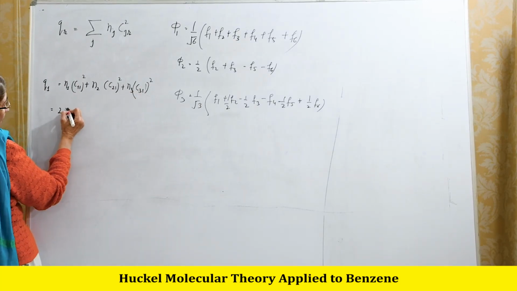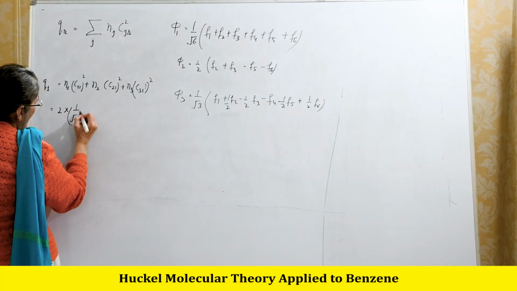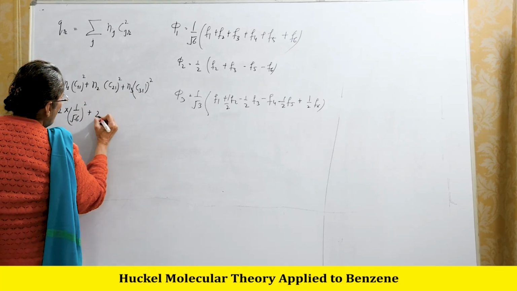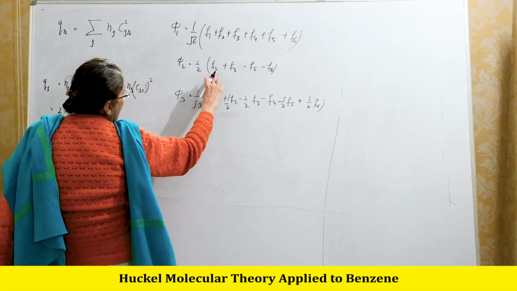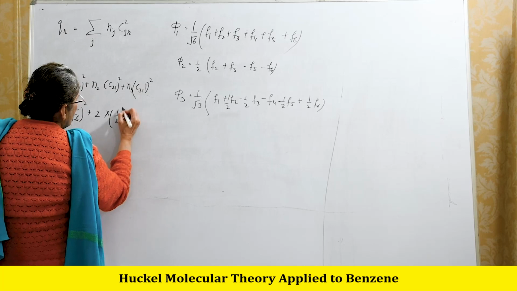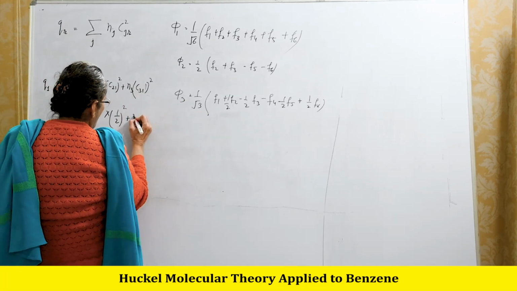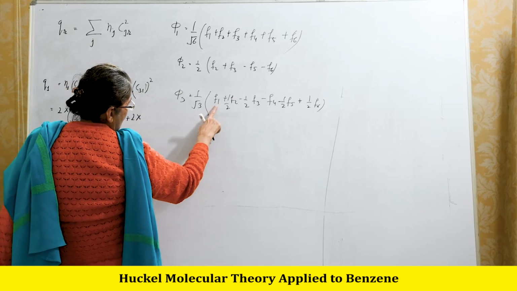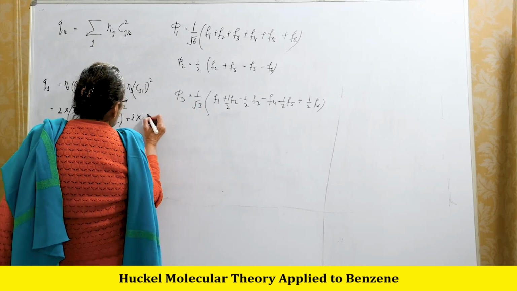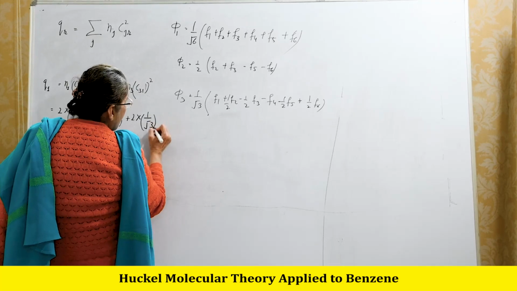2 electrons in first, C11, 1 by root 6 whole square, and number of electrons in second orbital 2, C21, that is 1 by 2 whole square, plus N3, this is molecular orbital 3, first carbon atom. This is 1 by root 3 whole square.